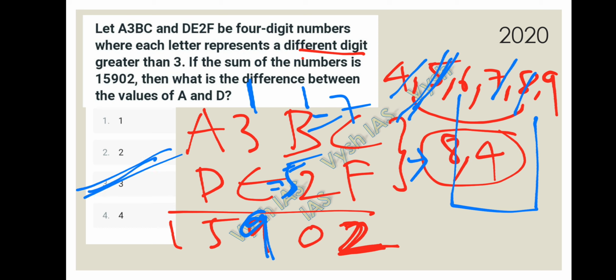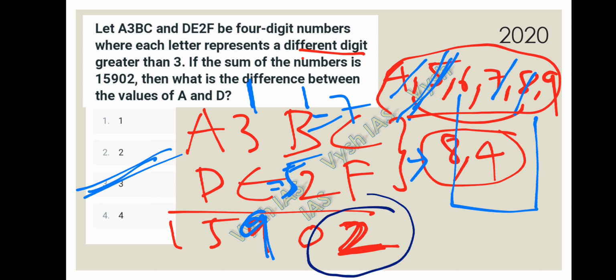I hope you have understood. I have taken the digits more than 3 as 4, 5, 6 and 7. In this, I have substituted C and F as 8 and 4, because this is the only possible way where I can get 2 in the place of unit in the result sum. If we take 1 as a carry, here the B value can be 7.